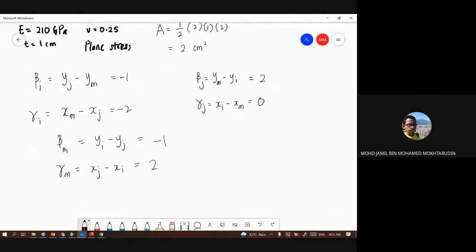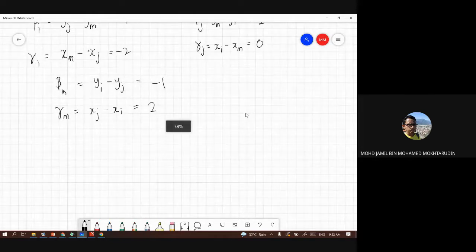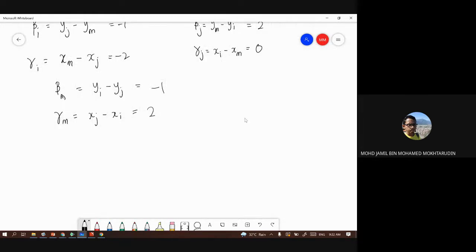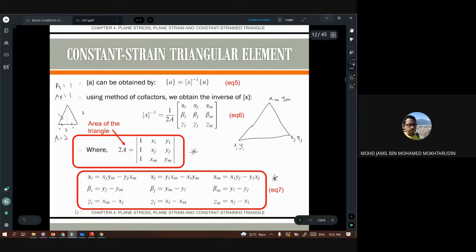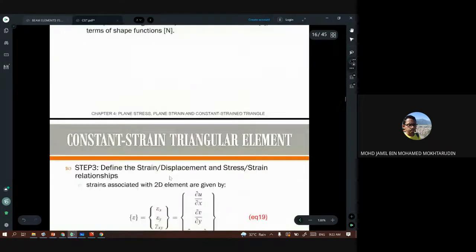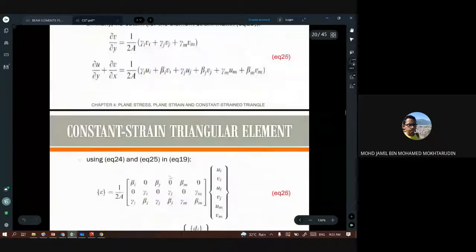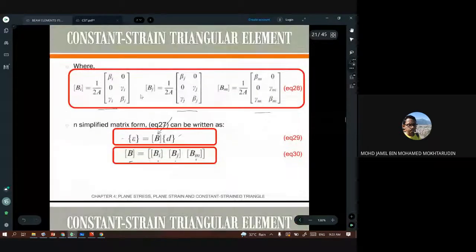Now we assemble them into the B matrix. So the B matrix equals 1 over 2A times this one.